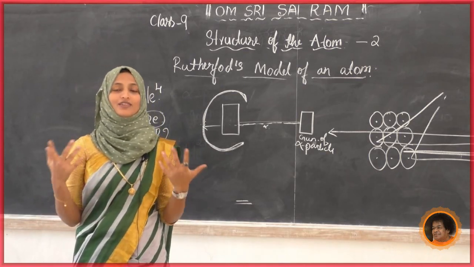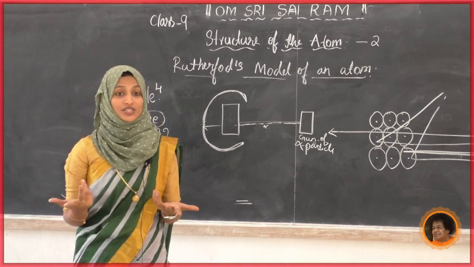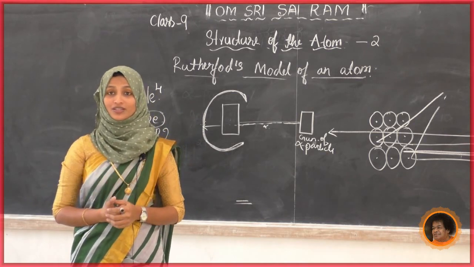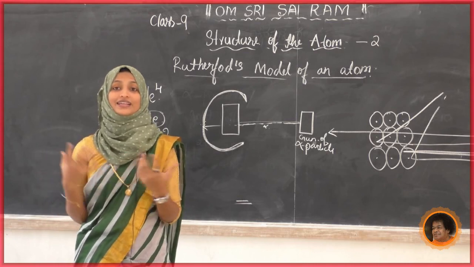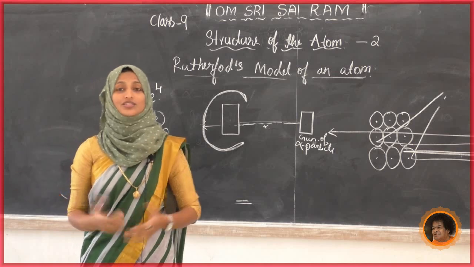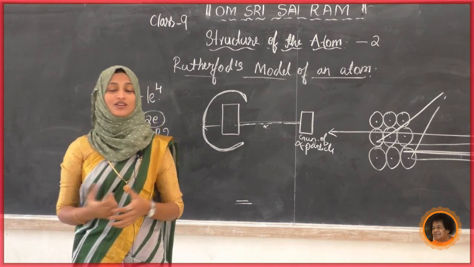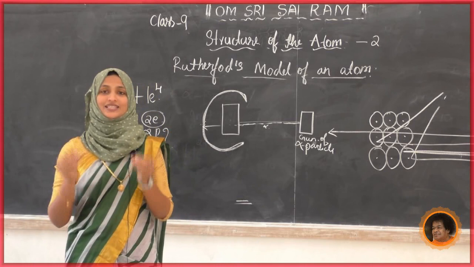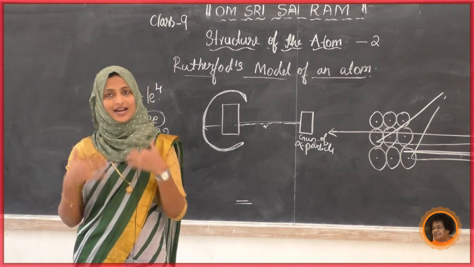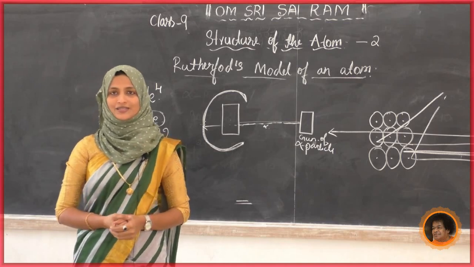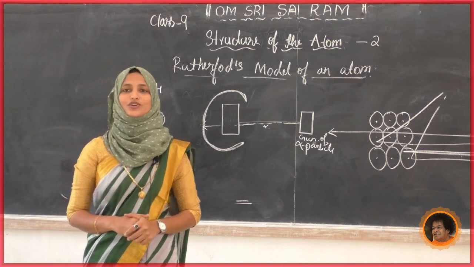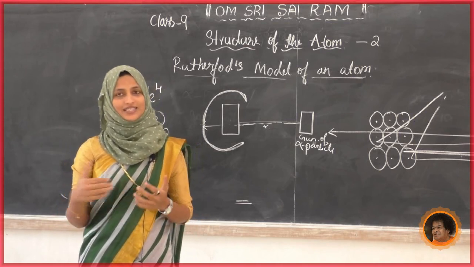Already we know the atom is neutral and stable, but according to Rutherford's idea it is unstable. But these are small drawbacks. Later some scientists came forward and overcame these drawbacks, and at present we know the exact structure of atoms. That we will study in the next class.